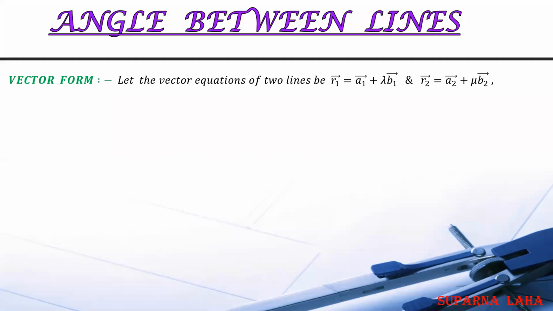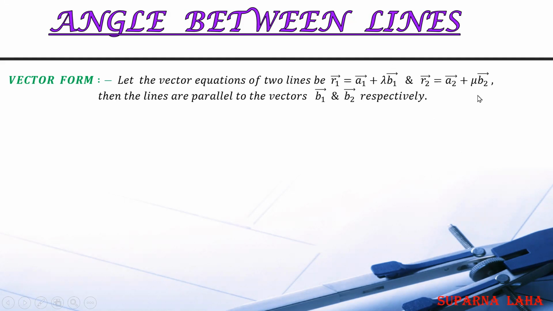So if we have these two equations of line, r1 is equal to a1 plus lambda b1 and r2 is equal to a2 plus mu b2. In that case, the first line is parallel to this vector b1 and the second line is parallel to the vector b2, right?